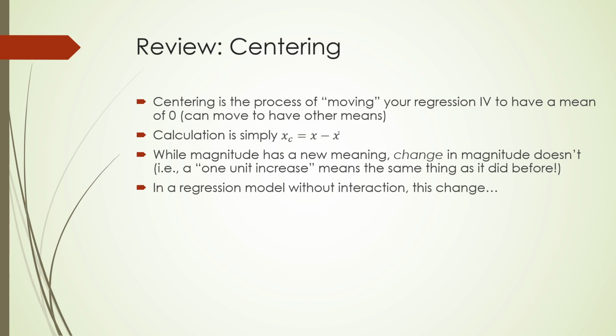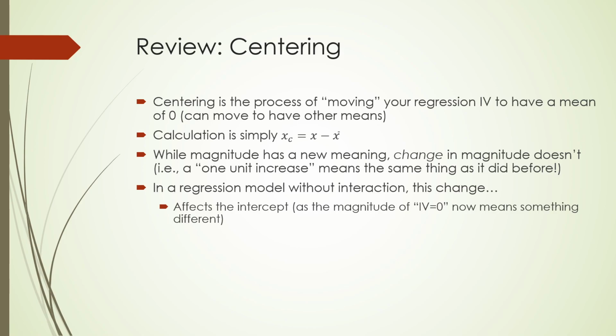So in a regression without an interaction, centering the variable affects the intercept, because remember, intercept is interpreted as the value of the outcome when the independent variable is 0. So earlier it was when the actual independent variable itself is 0. Now, if we center around the mean, the value of the centered variable being 0 represents the original variable's mean, and the intercept is the value of the outcome when the independent variable is at its mean. So that's what happens without the interaction.